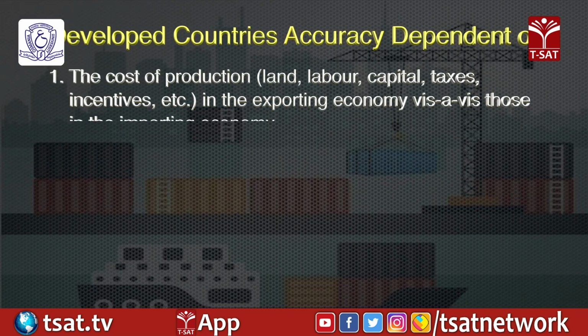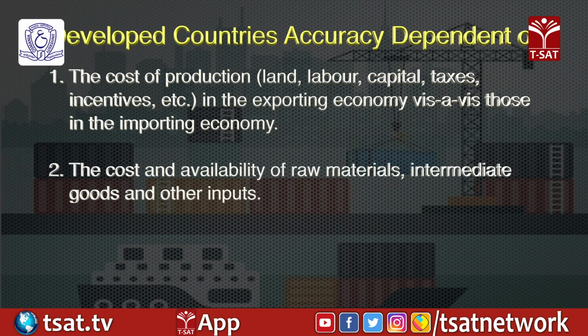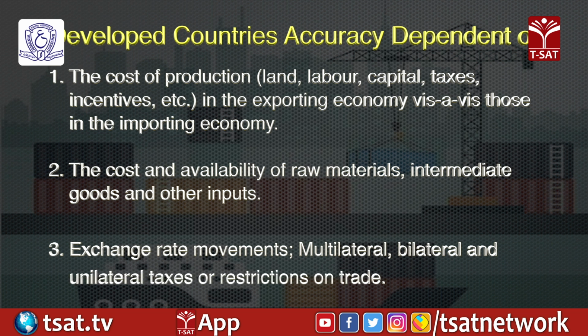The first is the cost of production, that includes land, labor, capital, taxes, incentives, etc. in the exporting economy vis-a-vis those in the importing economy. Another thing is the cost and availability of raw material, intermediate goods and other inputs. Besides that, exchange rate movements, such as multilateral, bilateral and unilateral taxes or restrictions on trade.